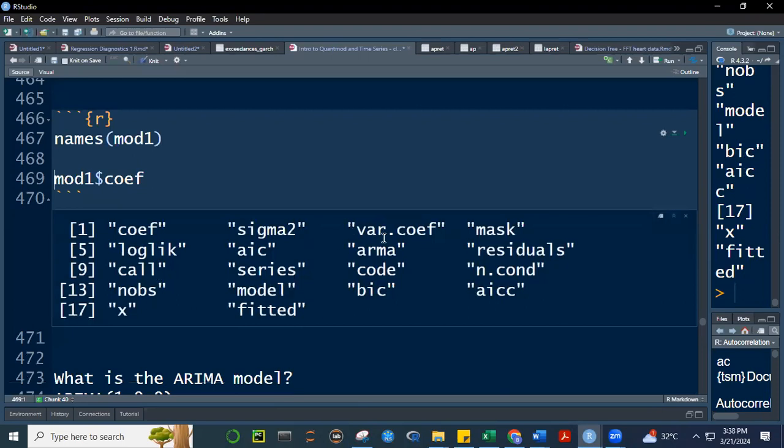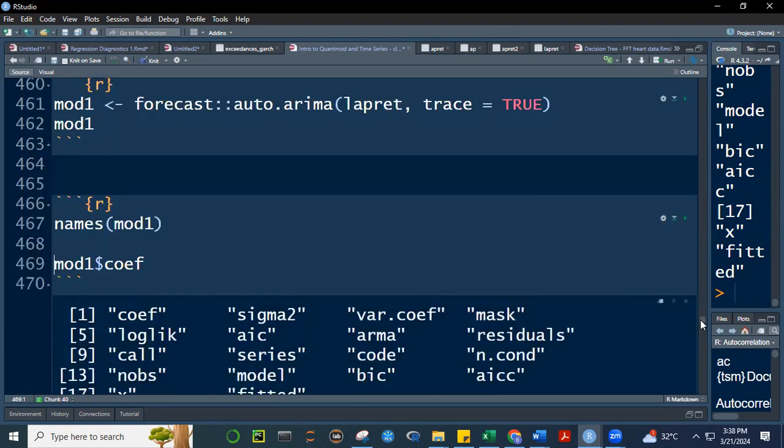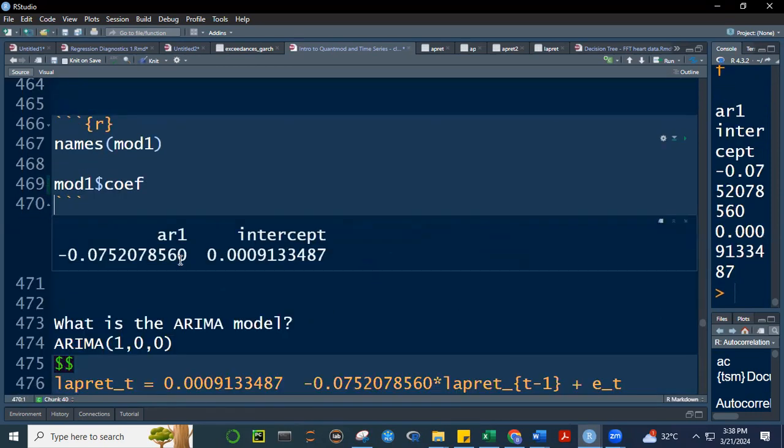This is a list, with different parts: the AICc, the residuals, the predicted values, the number of observations. Let's just get the coefficients, because it was rounded off earlier to about 4 decimal places. So let's get the coefficients. This is the value, our AR1 component.